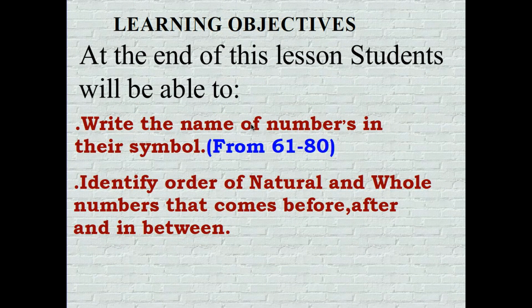Before we start, let's see the objectives. At the end of this, you will be able to write the name of numbers in their symbol from 61 up to 18. Previously, we have seen numbers with their corresponding words and symbols of numbers 1 up to 16.